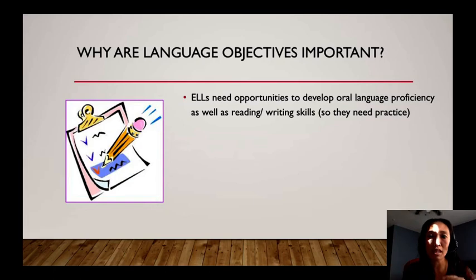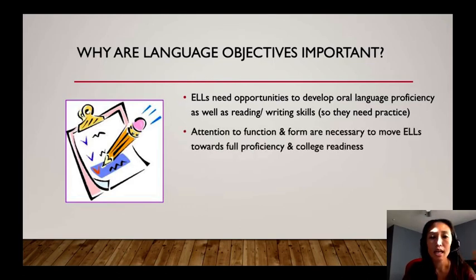But it's really important that we work to help them develop their oral language proficiency and academic language skills in English.